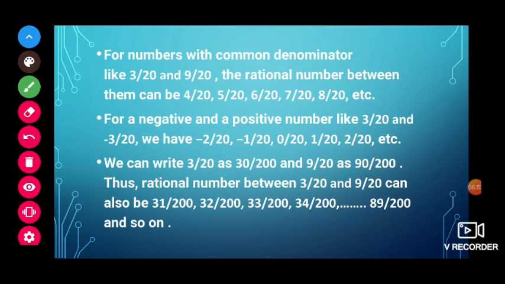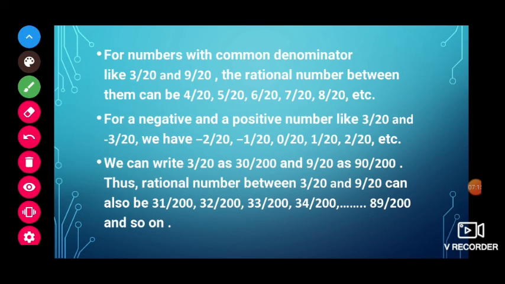And if one number is positive and one number is negative, that time also we can take based on the integer number line. For example, here we have minus 3 by 20 and 3 by 20. Both denominators are the same, no issue. Now come to the numerator. One is minus 3 and one is plus 3.